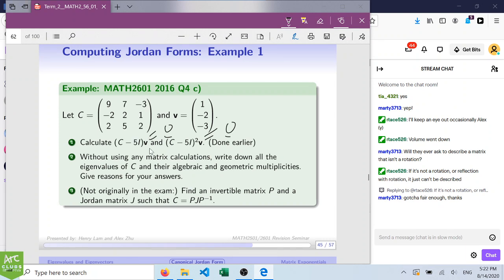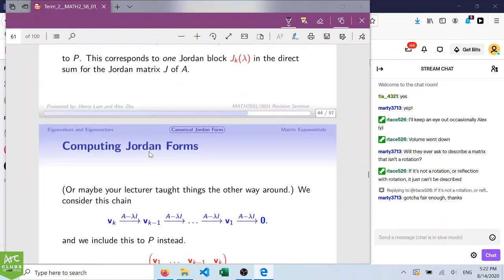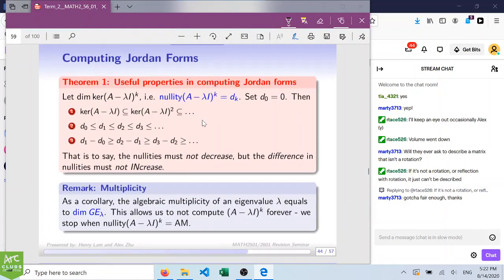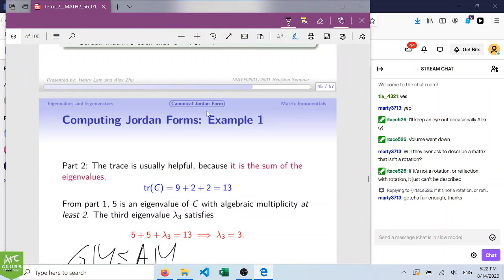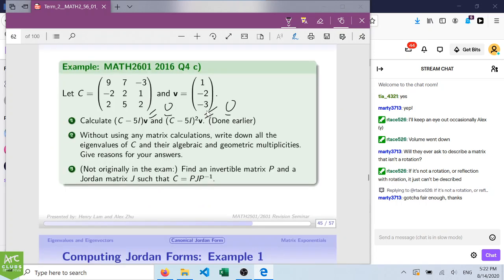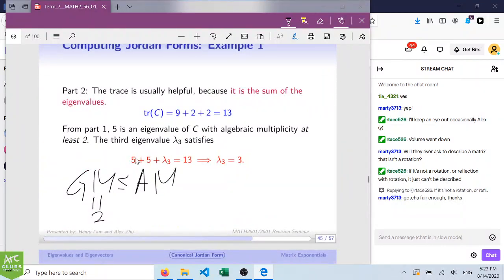So C minus 5I to the power of 1, which is over here, the nullity of that is dimension 1, yes, a dimension 1 vector. So the geometric multiplicity, sorry, my bad, over here is actually 1.